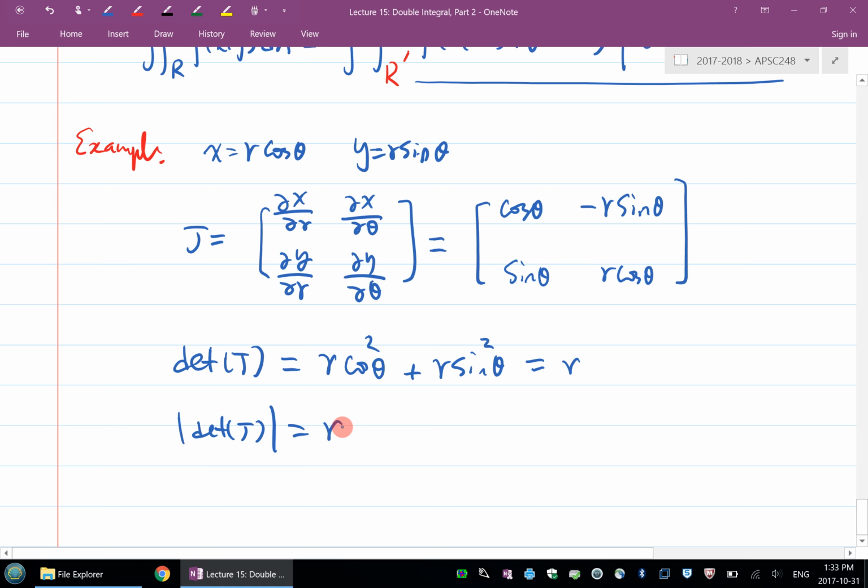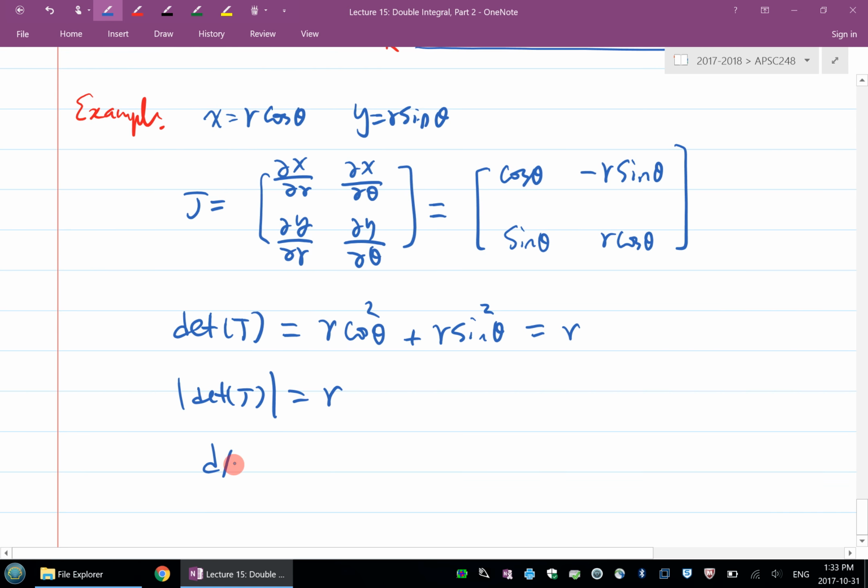So now you see your originally dA is dx dy, and in polar it becomes r dr d theta. That's exactly the scale factor r we found using the approximation approach when we found the differential area. The same answer here, defined using the Jacobian approach. That's the change of variable.